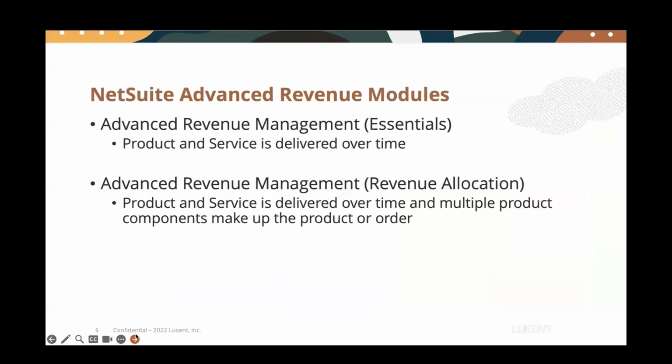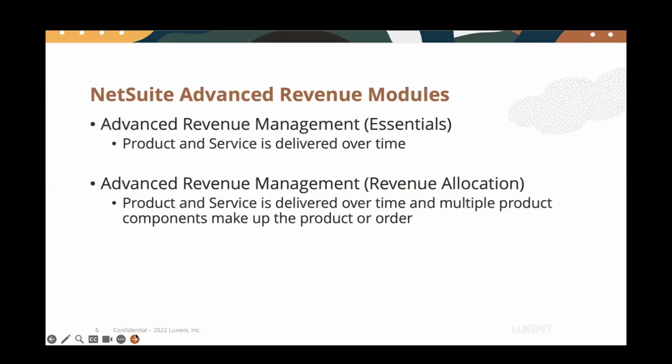Okay, so for NetSuite Advanced Revenue Modules, there are actually 2 versions of these. You have Advanced Revenue Management Essentials. That's where products and services are delivered over time. It's very basic. It's the most basic revenue recognition piece of the module.